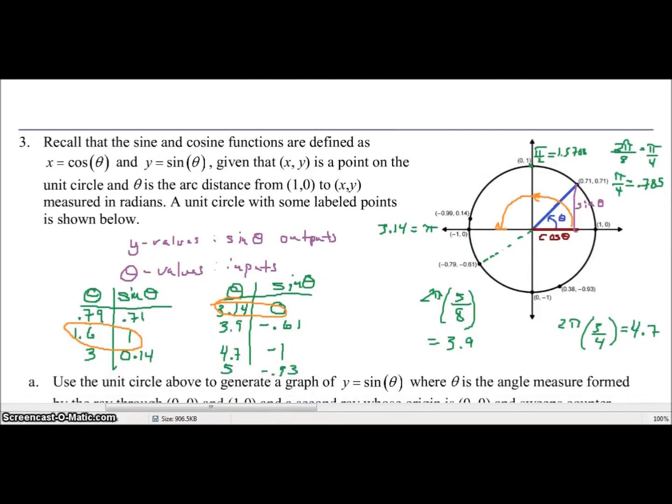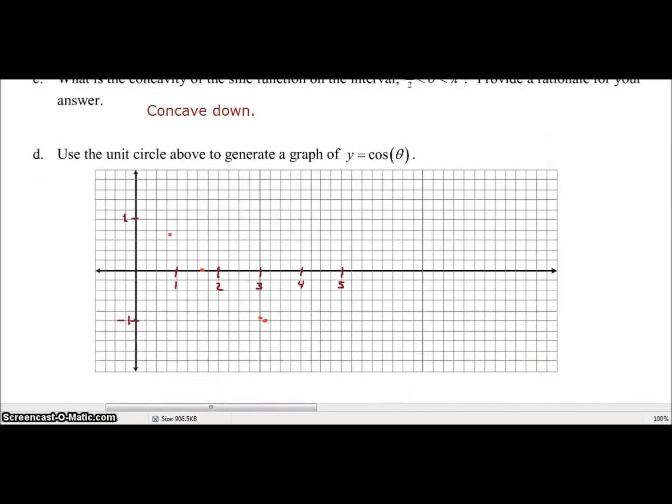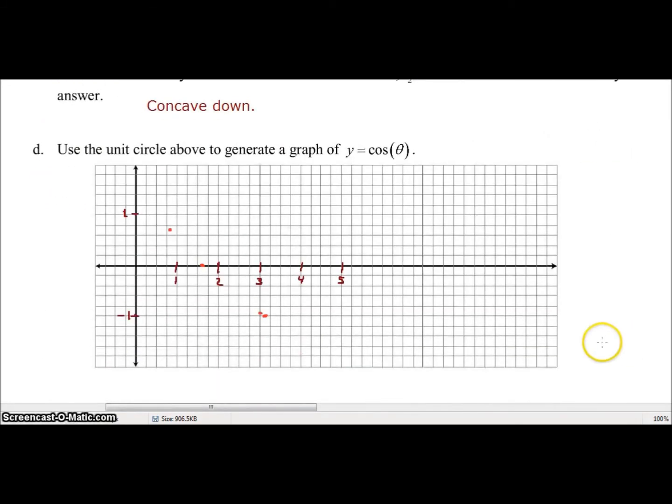Now at 3.9 radians, the x value is -0.79. Maybe somewhere about here.